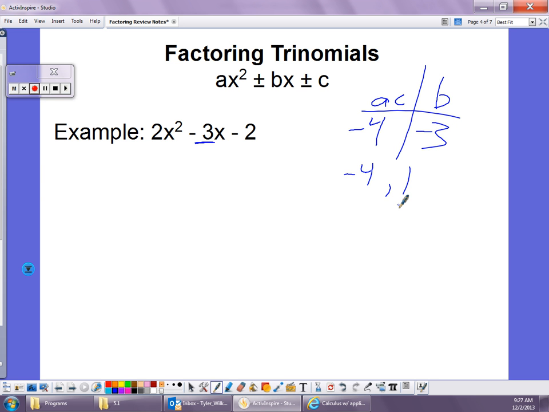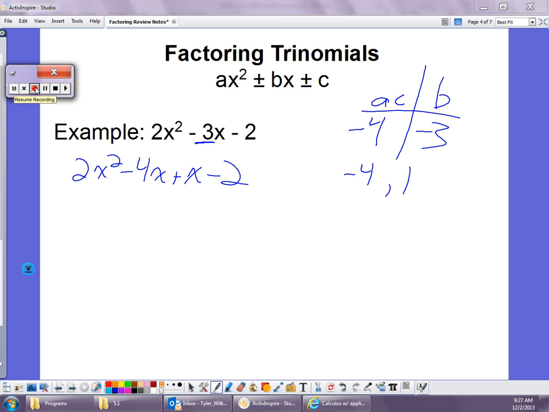So now what I'm going to do is rewrite this equation with negative 4 and 1 in instead of negative 3. So I get 2x squared minus 4x plus x minus 2. Is this equation identical to that one in value? Yes, because if I just did minus 4x plus x, I'd get minus 3x. So they're exactly the same.